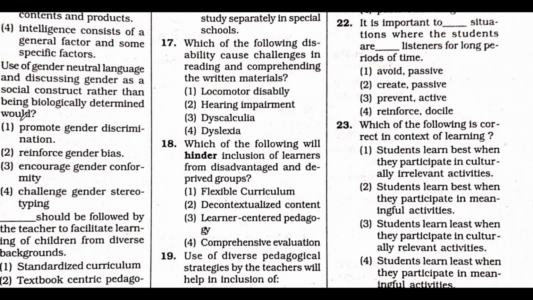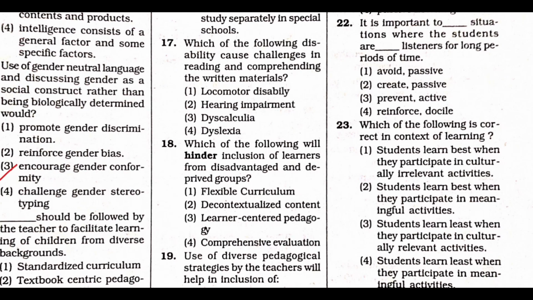So what do you think will be the correct answer here? Please give your answers. So use of gender neutral languages and discussing gender as a social construct would do what? So your correct answer here is encourage gender conformity.